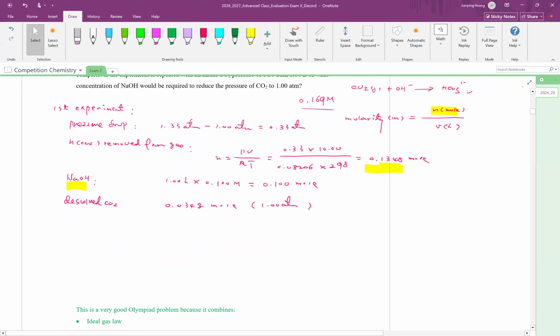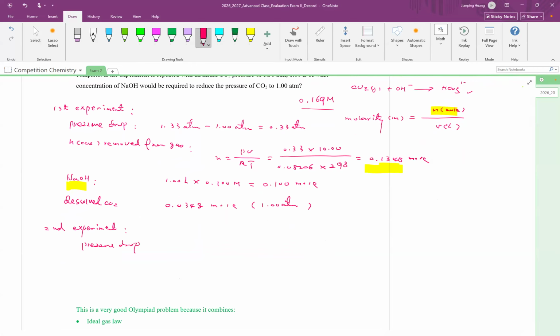We know that. Now look at the second experiment. The second experiment is the pressure drop. It's 1.50 minus 1. You get a 0.5 atm. Right?